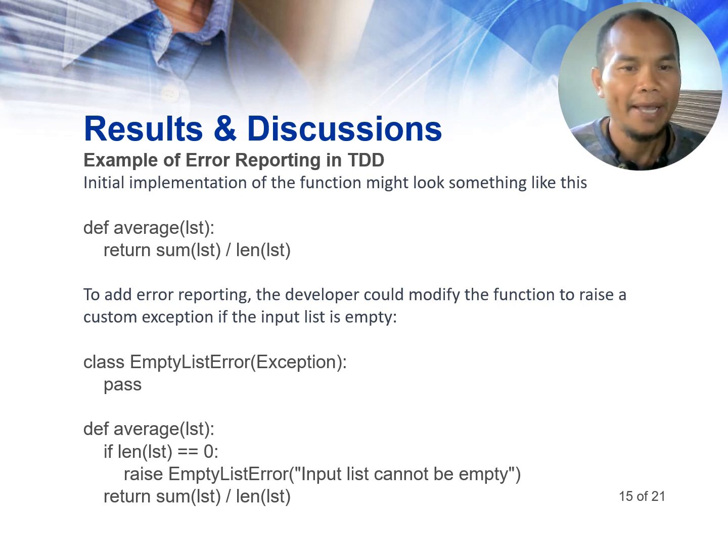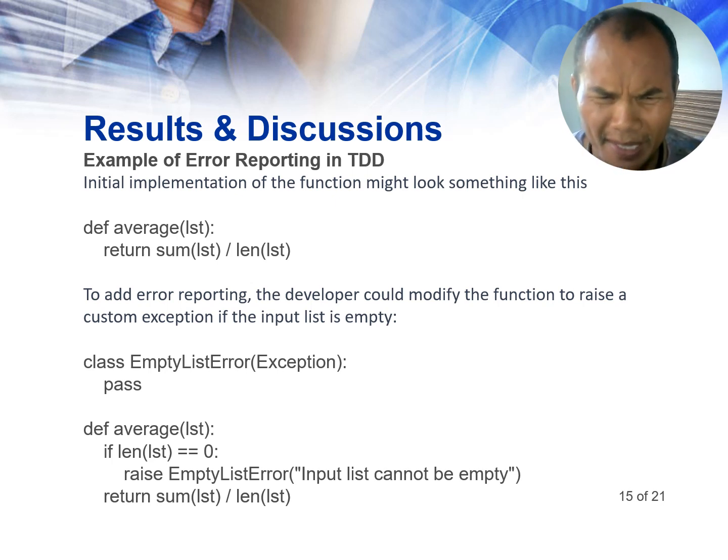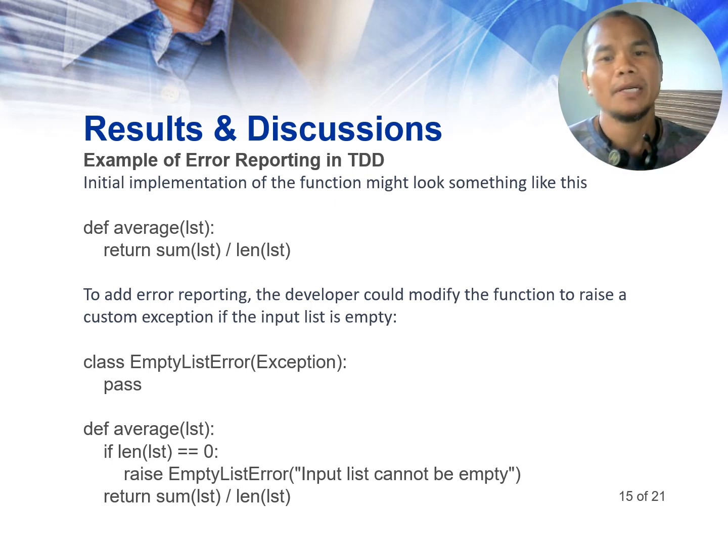So we have defined average(list), which returns sum divided by the length of the list. However, the developer might realize that the function does not handle cases where the input list is empty, which would result in a division by zero error. To add error reporting, the developer could modify the function to raise a custom exception if the input list is empty.